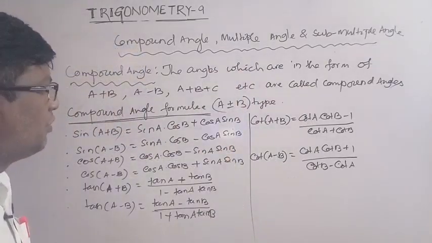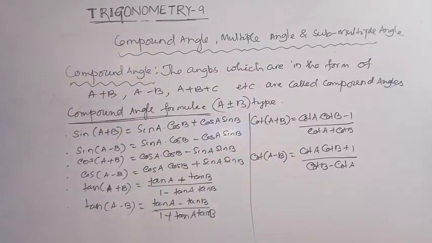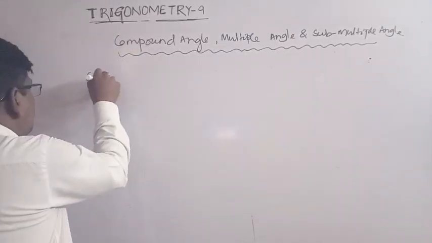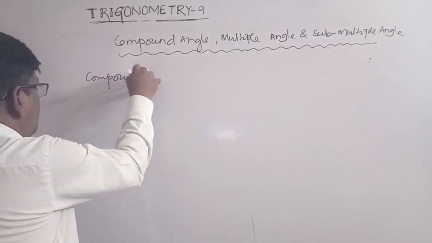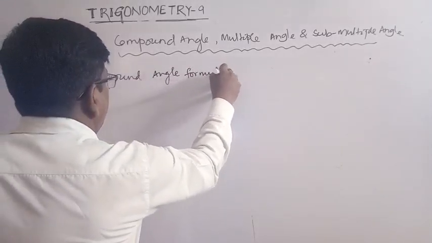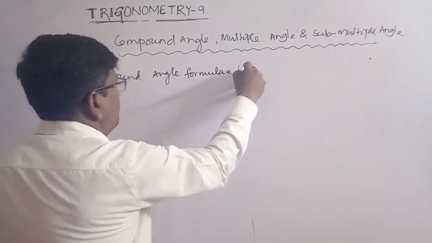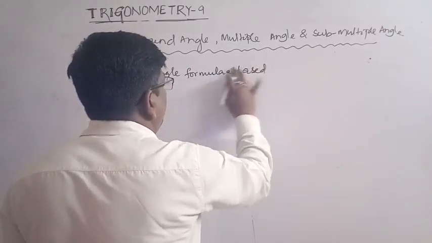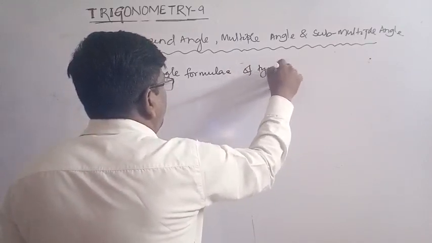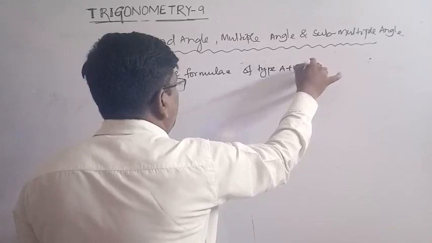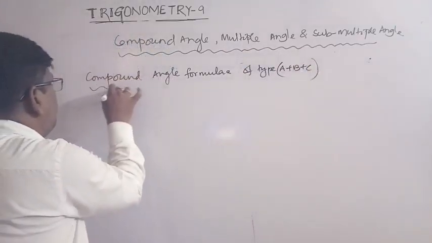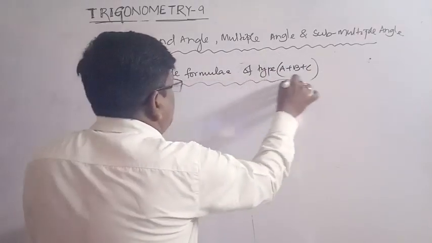Now compound angle formulae based on type a plus b plus c. Okay, this is compound angle formula of type a plus b plus c.